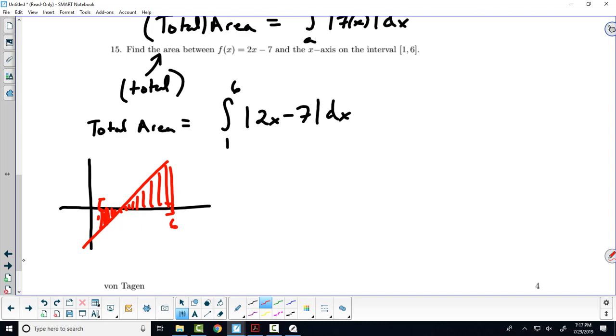But what's the problem? For the interval we're working over, it's both. Sometimes it's negative, sometimes it's positive. So we need to break this problem up into two separate questions. We need to determine where this point of intersection is. Well, this point of intersection is 7/2, comma 0.